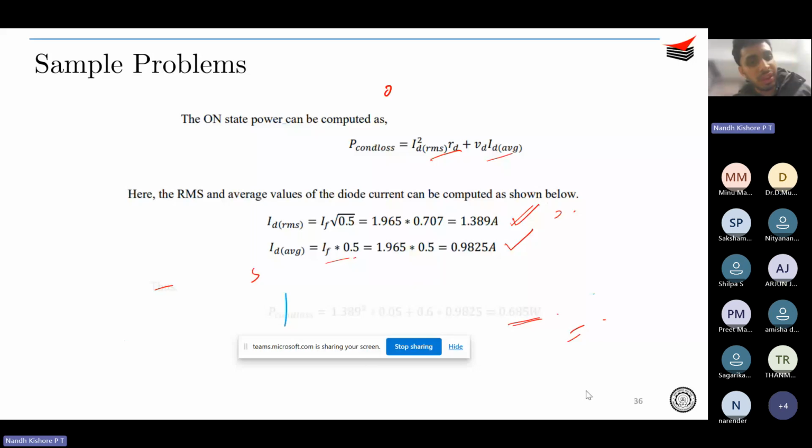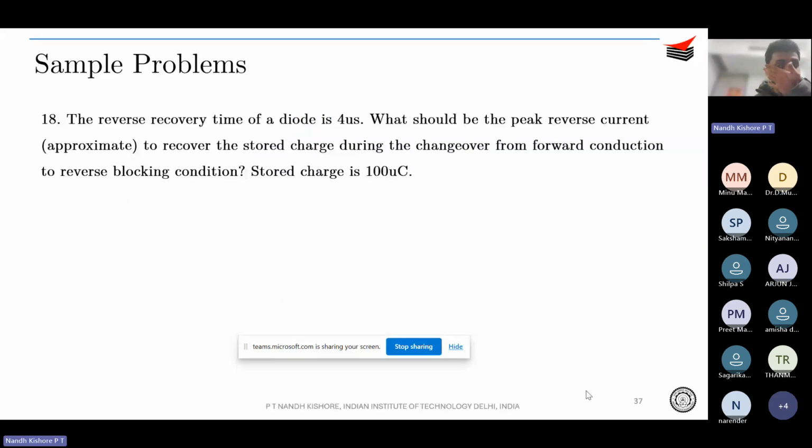Okay. So the reverse recovery time of a diode is 4 microseconds. What should be the peak reverse recovery current? Reverse current to recover the stored charge during the changeover from forward to reverse blocking conduction. Stored charge is 100 microcoulomb. Okay.